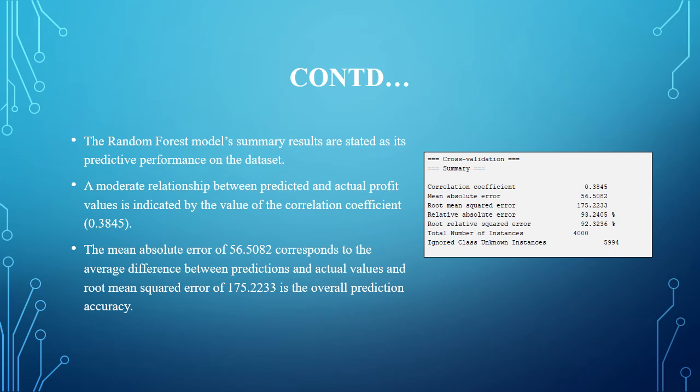The mean absolute error of 56.5082 corresponds to the average difference between predictions and actual values, and the root mean squared error of 175.2233 shows overall prediction accuracy. Cross validation and summary are in this figure.